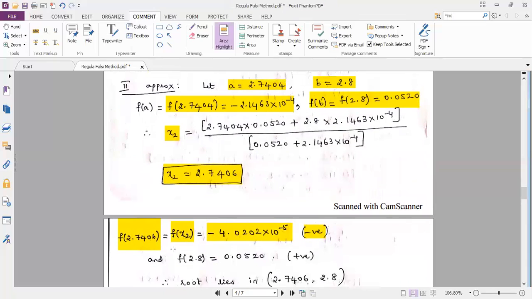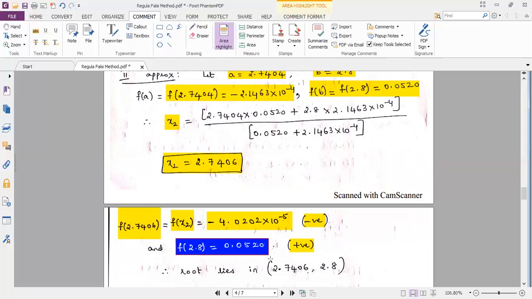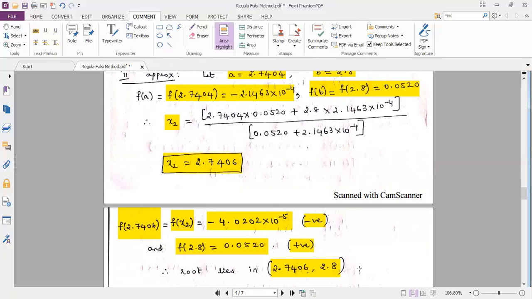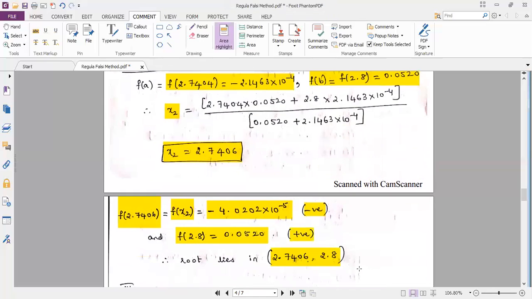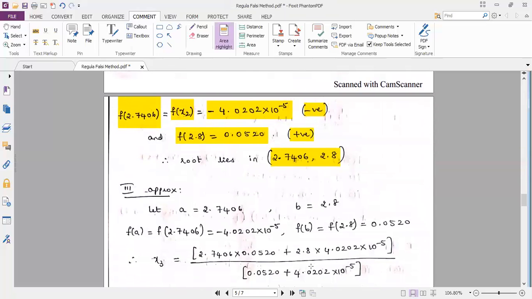So F of 2.8 is taken into consideration together so that we can conclude the root lies in 2.7406, 2.8. Now considering these values of A, B and writing down F of A and F of B, we perform the third approximation. So let us denote A is equal to 2.7406, B is equal to 2.8.